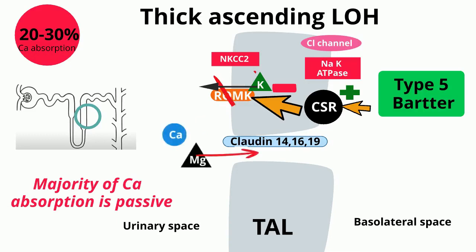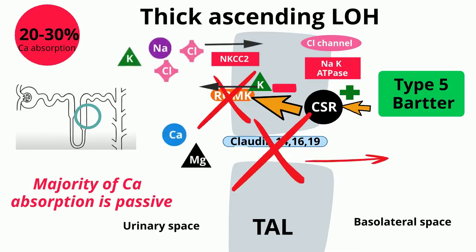You will have wasting of calcium and magnesium and wasting of salt. If you're losing salt, you will have hypotension and a hyperreninemic hypoaldosterone state. The patients have hypocalcemia in the blood because they're not absorbing any more calcium.